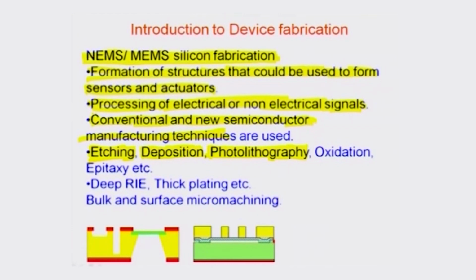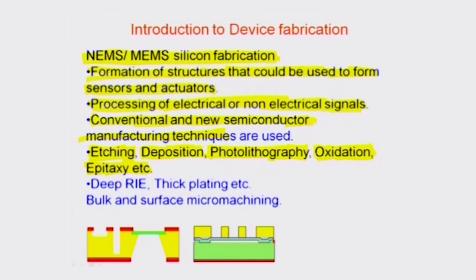And then you can use a variety of other processes like oxidation, epitaxy, etc. Like for example, epitaxy would be used for growth of single crystal silicon, or oxidation, as a matter of fact, is a thermal process whereby you can actually entrap oxygen in silicon, and at the cost of silicon you can get a layer of silicon oxide or silicon dioxide.